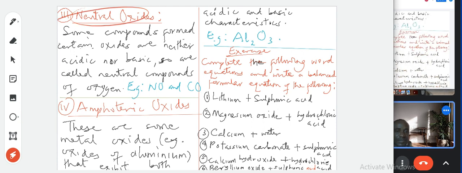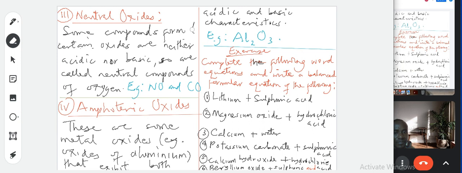Neutral oxides. Some compounds form certain oxides that are neither acidic nor basic, so they are called neutral oxides, e.g. NO and CO. Those oxides are neither acids nor bases, so they are neutral.